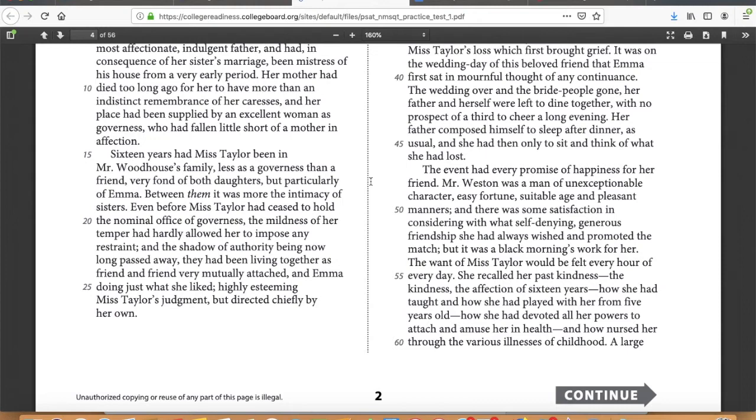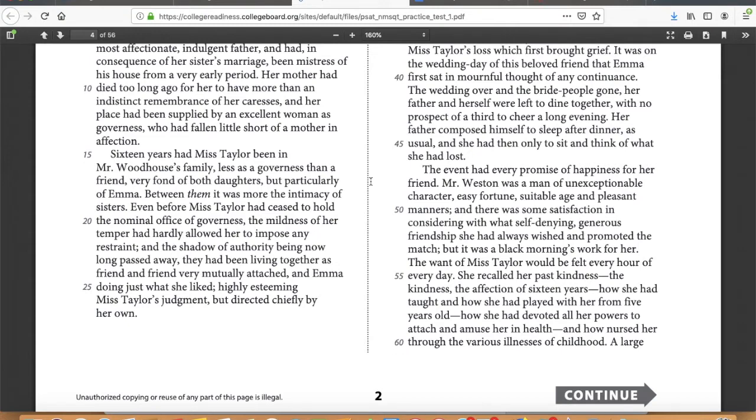So Emma highly esteems Miss Taylor's judgment, thinks very highly of Miss Taylor's judgment. That's all. Does that make sense? Right. Then it says, but she's directed chiefly by her own. What does that mean? That she goes by what she thinks is right. Yeah. So she respects Miss Taylor's judgment, but she does what she wants. She's directed chiefly by her own judgment. Does that make sense? Yes.